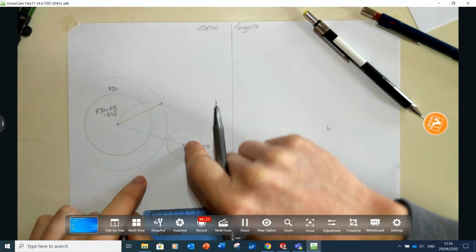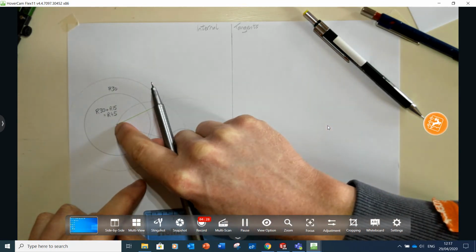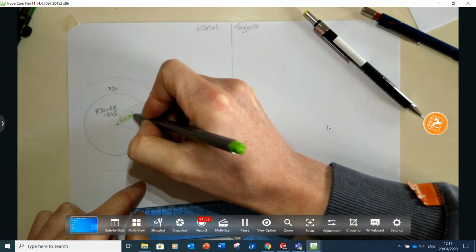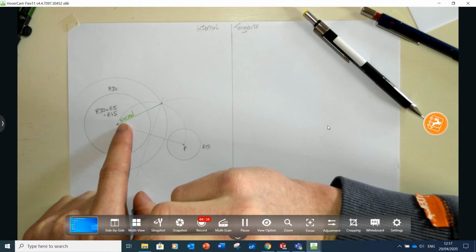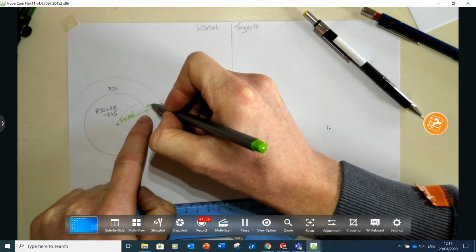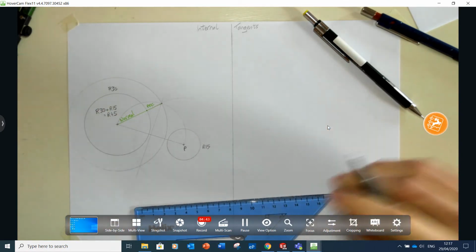So where my semicircle intersects my larger circle, I'm joining it back to the centre. That there is my normal, and what that will actually give me is my point of contact on my original radius 30 circle.